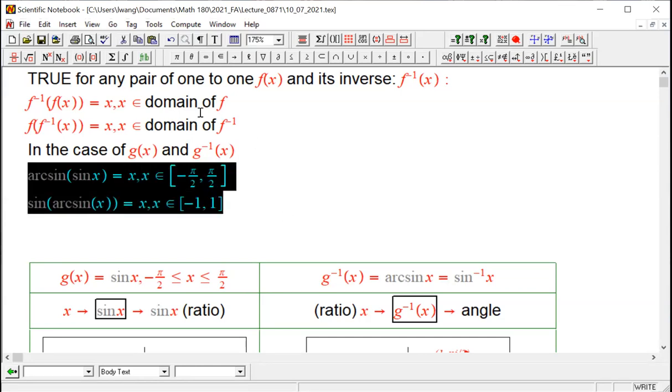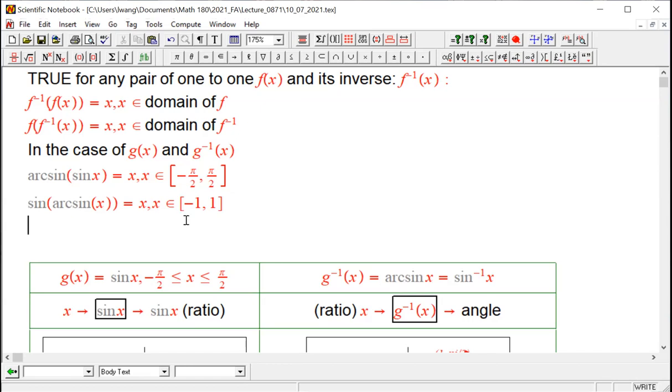And where do we see these two statements in the table, in the notes? Trig 7a. Could you find trig 7a in your notes? On trig 7a, there are two tables.